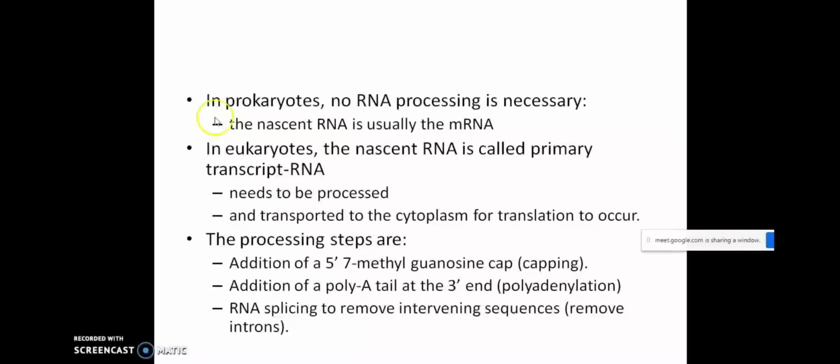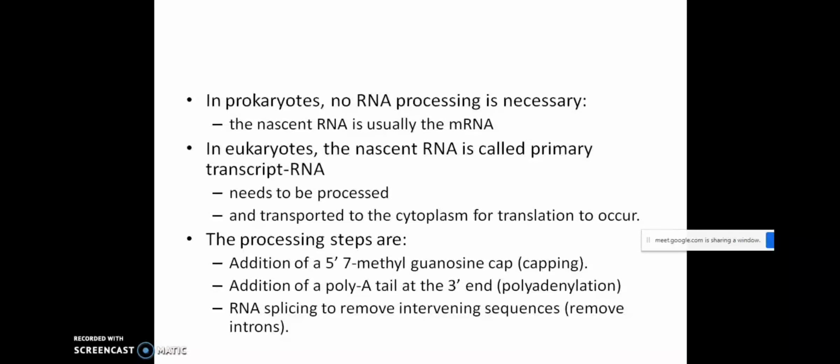So let us see what the different processing or post-transcriptional modifications are. As you all know, in prokaryotes there is no RNA processing at all, because the nascent RNA is usually the mRNA. But in eukaryotes, the nascent RNA is called the primary transcript. So one thing you should understand: in prokaryotes there is no post-transcriptional modification.